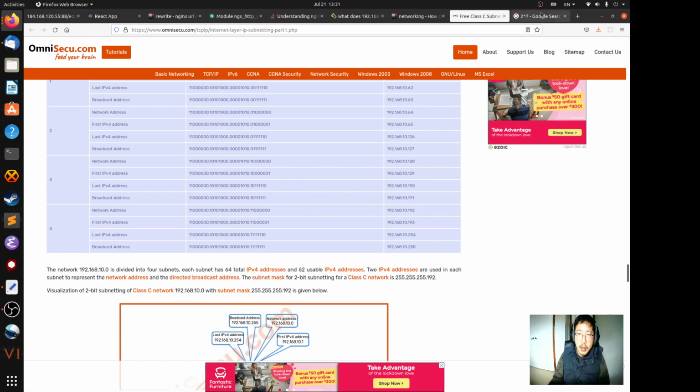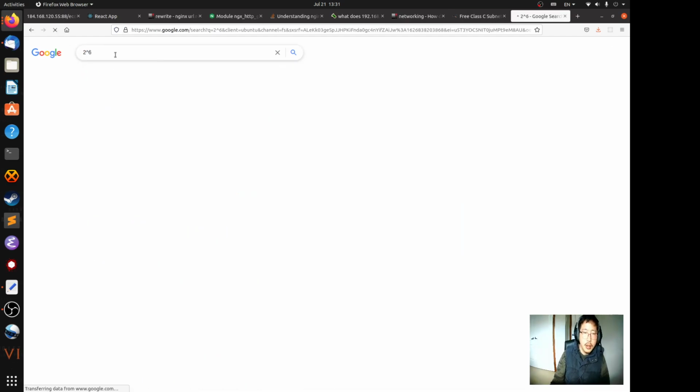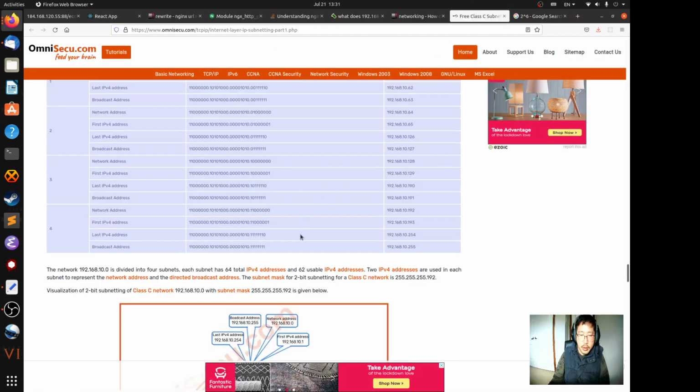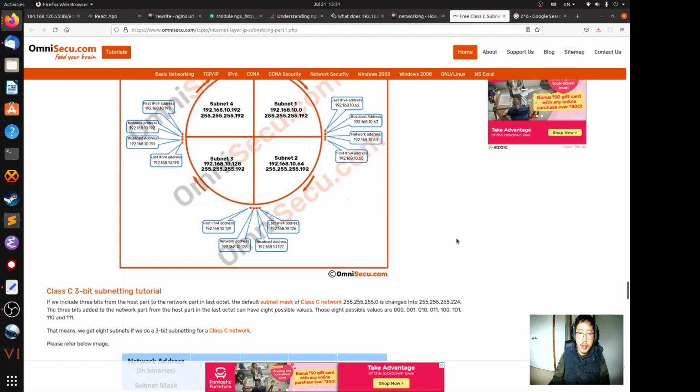How do we know that? 2 to the power of 6. So we only got 64 total IP addresses, minus 2, so 62 usable IP addresses. Same here, each subnet has an equal number of usable IPs, and they all have network and broadcast addresses.